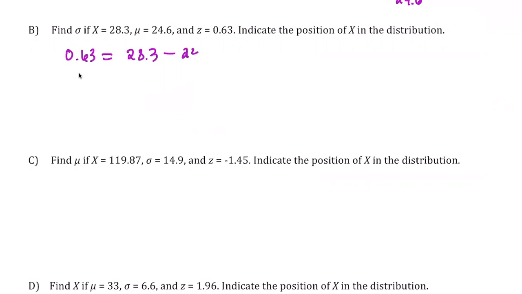I'm going to subtract the mean, and I'm going to divide by whatever our standard deviation is, which in this problem we don't know. Usually I go about simplifying things if there's something we can simplify. Here I can simplify everything on the numerator. 28.3 minus 24.6 is going to give us 3.7. And now all we have to do is solve for sigma.